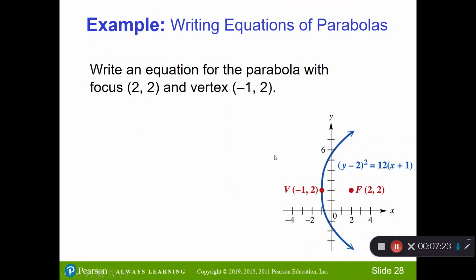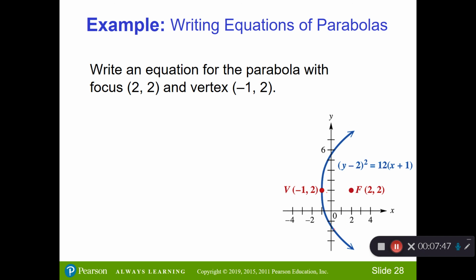We want to write an equation for the parabola with a focus at 2, 2 and a vertex at negative 1, 2. Well, okay, if I look at that orientation, my vertex is at negative 1, 2, and the focus is at 2, 2. I open around the focus, so I know I've got to go this direction.